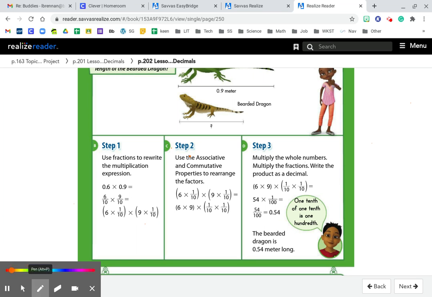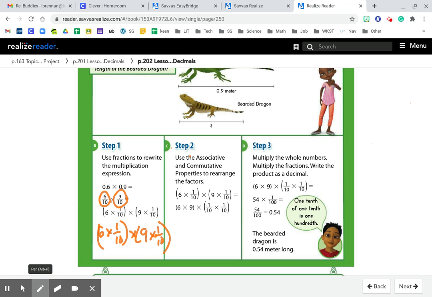So 6/10 is the same as saying the fractional 6/10 times the fractional 9/10. And it's also the same as saying 6 times 1/10 times 9 times 1/10. And remember when you were multiplying, if we multiplied 6 times 10, we're taking our 6 and we're moving our decimal one place and annexing a 0.